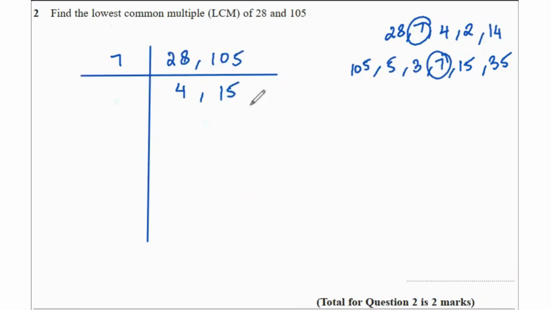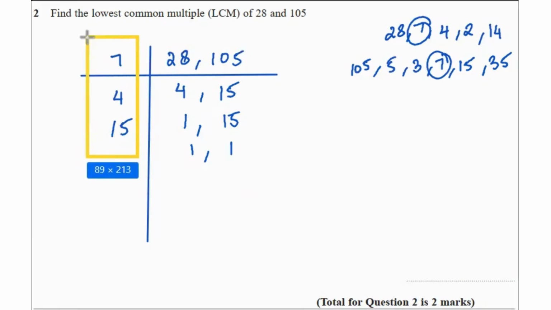Now we know 4 and 15 don't come in the same times table, so we'll have to divide them separately by different numbers. So let's first make the 4 a 1. 4 divided by 4 is 1, and 15 divided by 15 is going to be 1. These numbers that we have written on the side are the numbers which we will multiply to get the lowest common multiple.